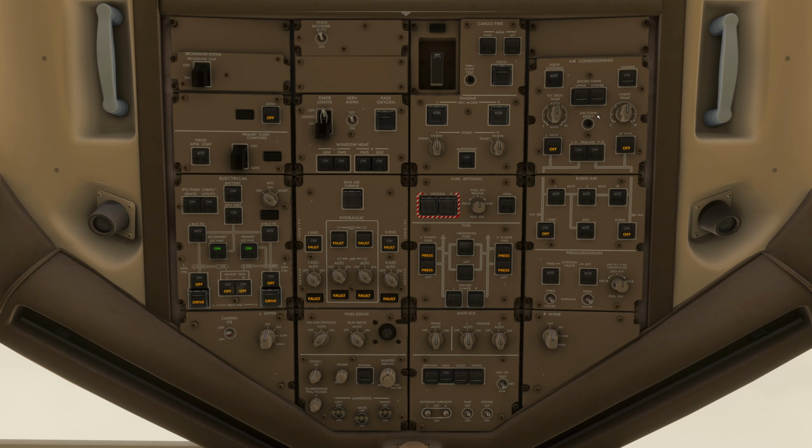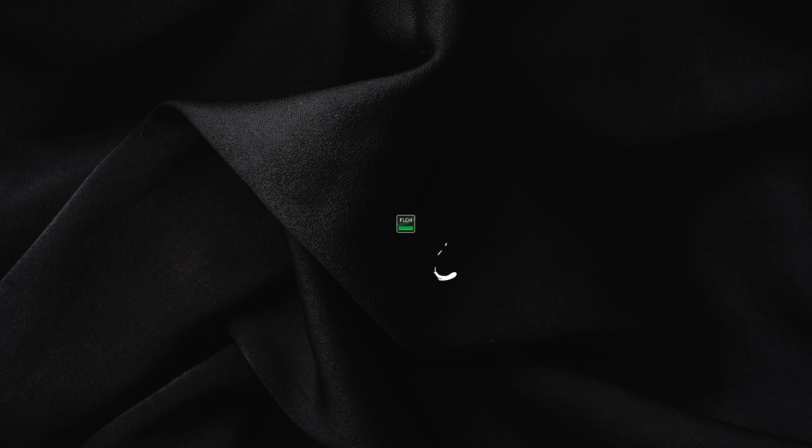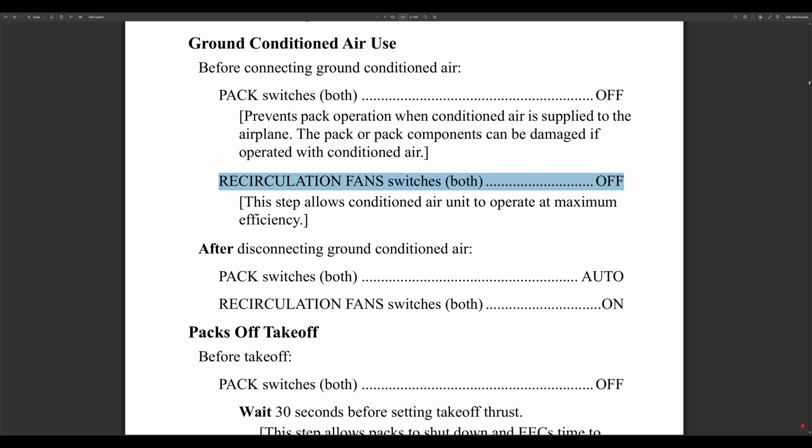The same procedure tells you that after disconnecting the ground conditioned air, this is the time that you are going to take your packs to auto and your recirculation fans to on.